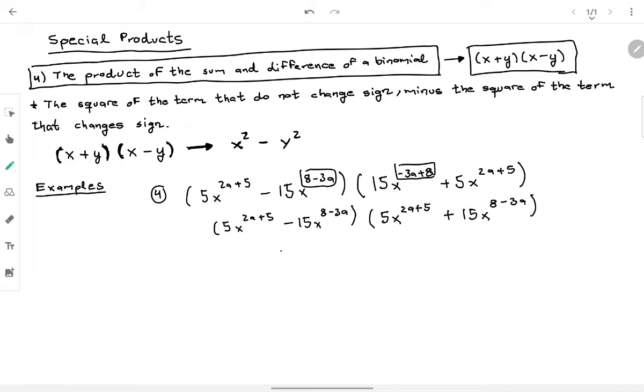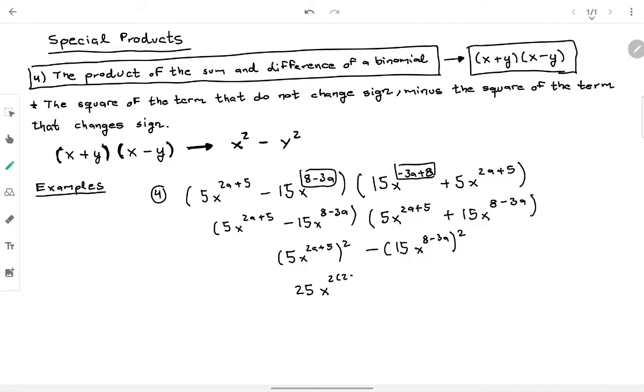So it will be the term that doesn't change sign squared minus the term that changes sign squared. So in this case, it's going to be 5 times 5, it's 25. It's going to be x.